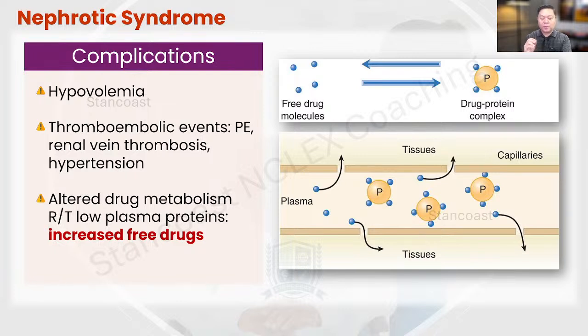And so the implication here is that they are supposed to attach to the albumin, okay? So it's not that when you ingest a highly protein-bound drug and it's available to the bloodstream, it should readily go into the tissues.